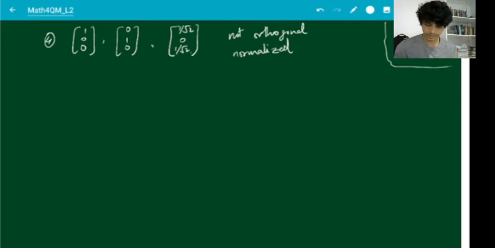This is a basis. This is not orthogonal because if I take the dot product of these two, the dot product is not 0. But they are all normalized.